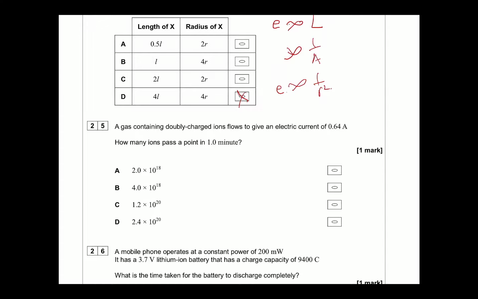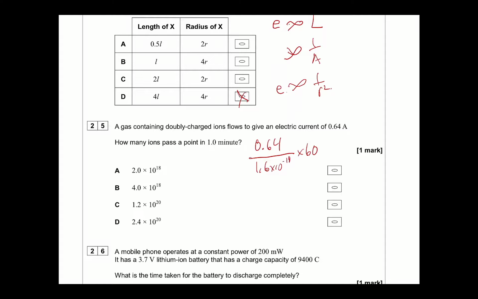Hmm. Right, so I need... Okay, so 0.64. I have to divide by 1.6 times 10 to the minus 19 times 60.